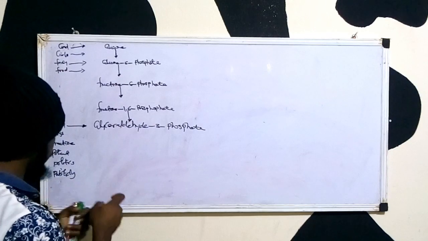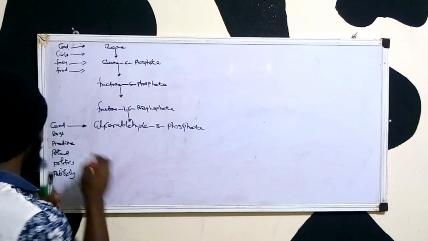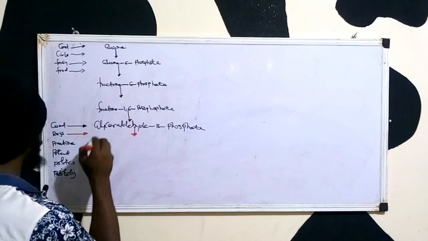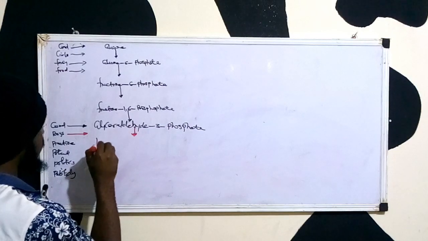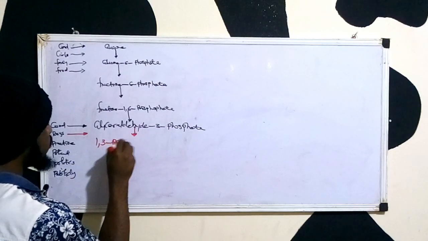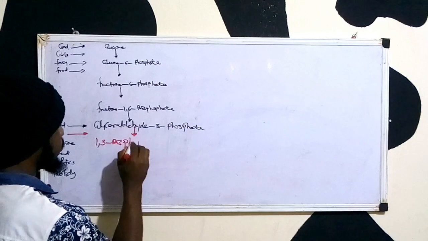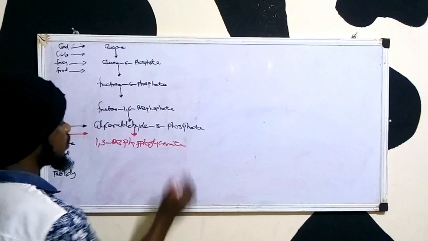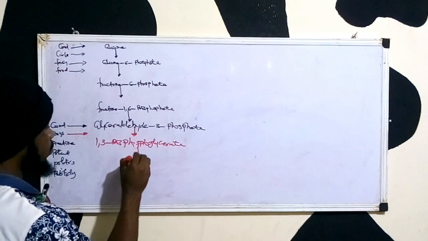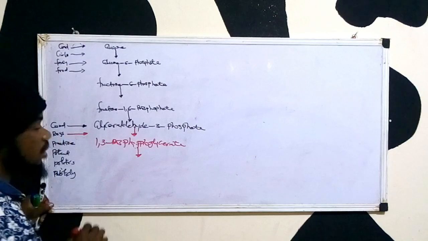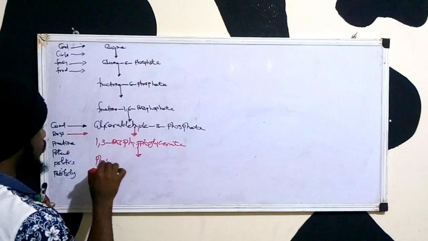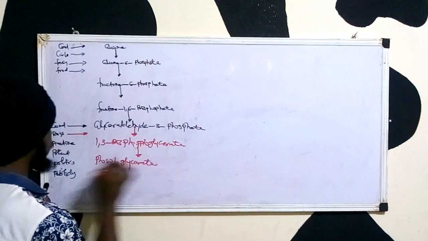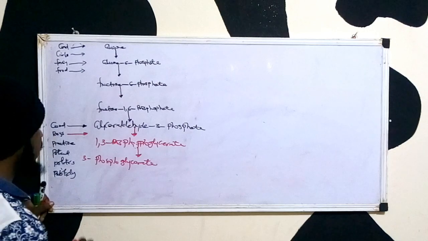Okay, and the B here signifies 1,3-bisphosphoglycerate. Now the P here signifies phosphoglycerate, that's 3-phosphoglycerate.